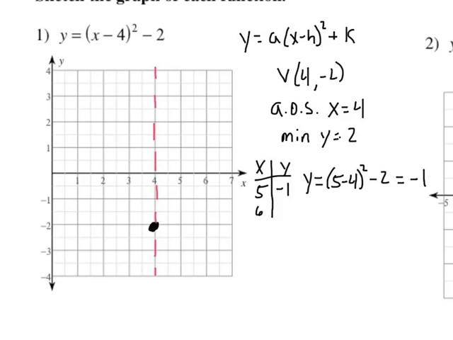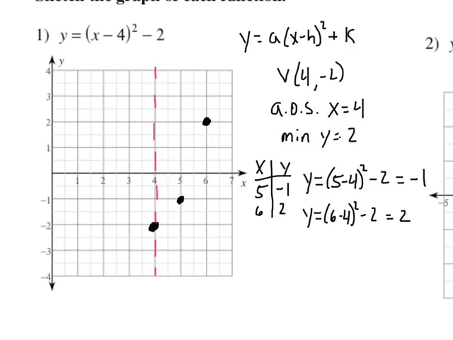And let's try 6. y equals (6 minus 4) quantity squared minus 2. So 6 minus 4 is 2, 2 squared is 4, 4 minus 2 is 2. All right, so we're at (5, -1) and we are at (6, 2).